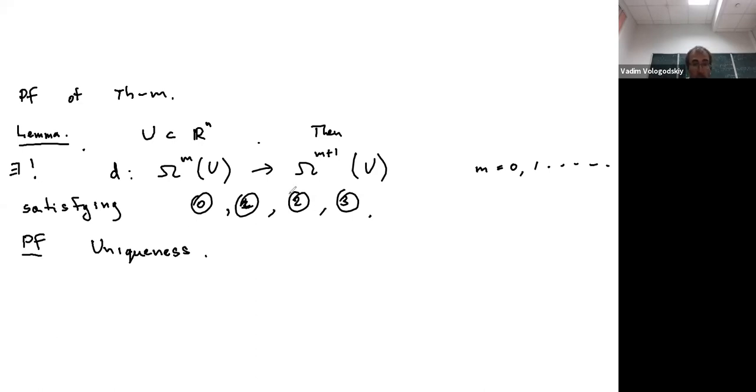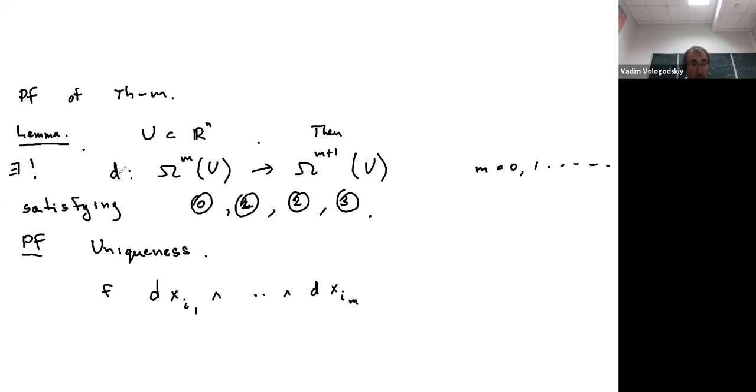Any form on Rn can be written as a linear combination of forms of the following type: a function times dxi1 wedge dxim. So in order to prove uniqueness, I just need to show that there is only one.